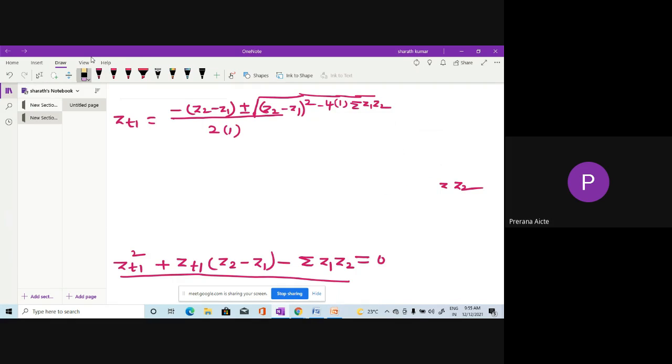This is the root of that second order equation. So you need to find ZT1.